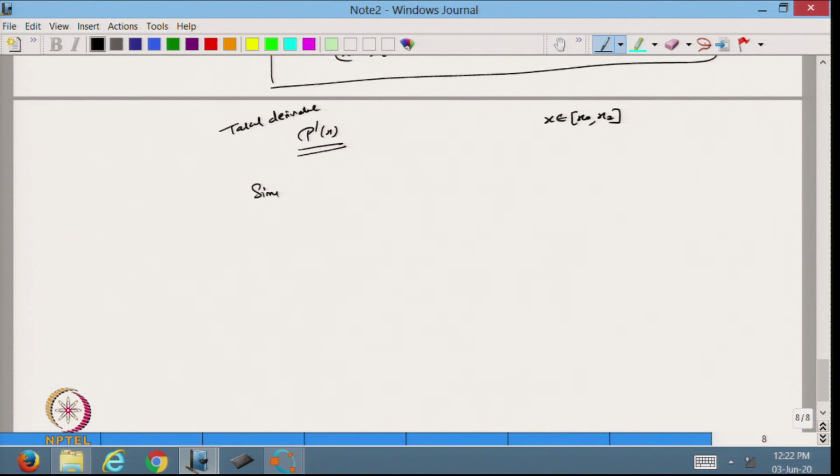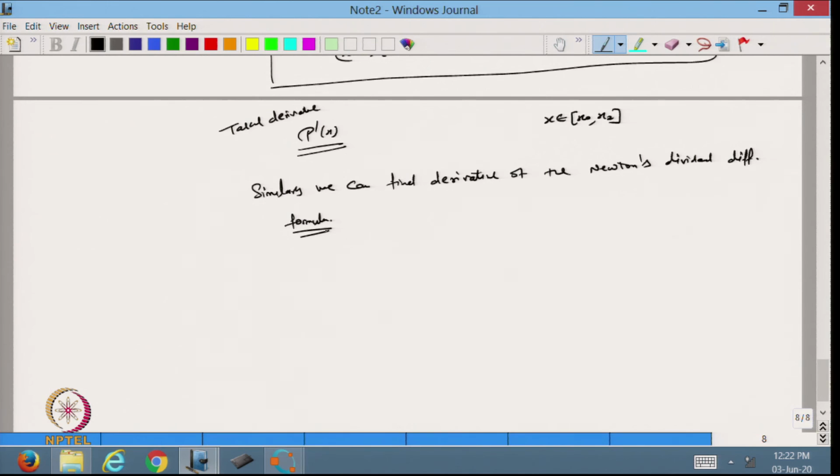Similarly, we can find the derivative of Newton's divided difference formula.